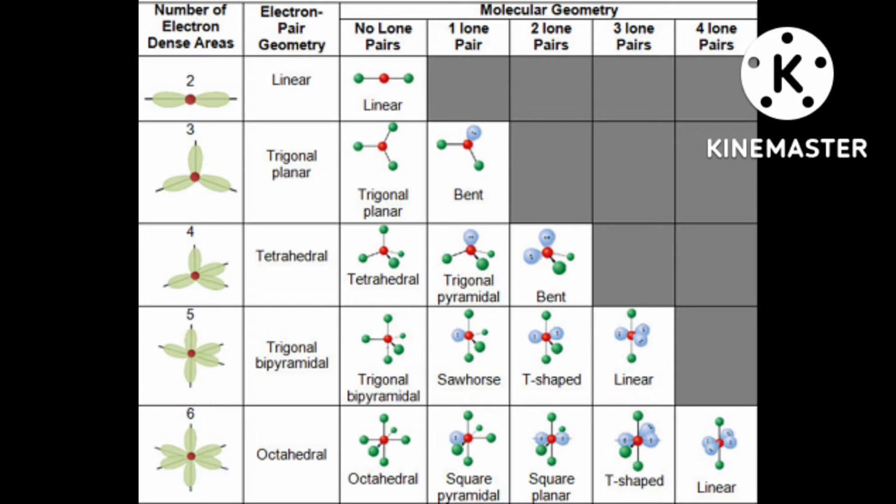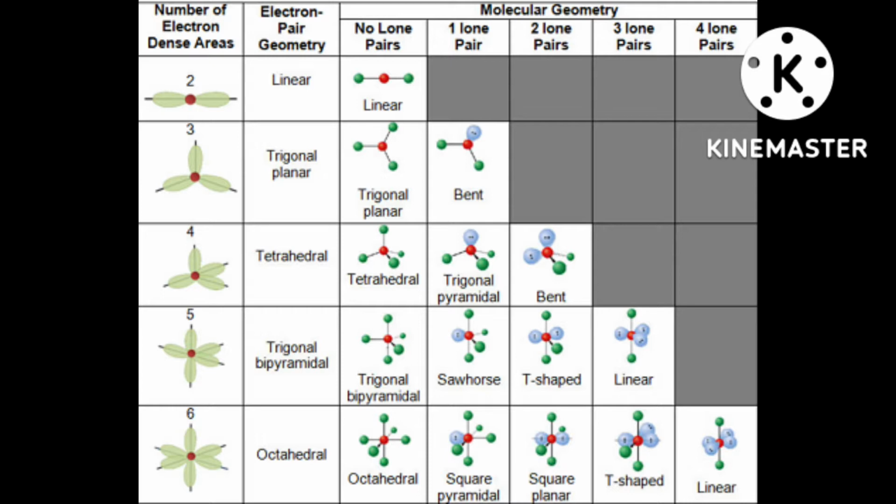First, the shape of a molecule depends upon the number of valence shell electron pairs, may be bonded or non-bonded, around the central atom. This is the first point, first postulate.